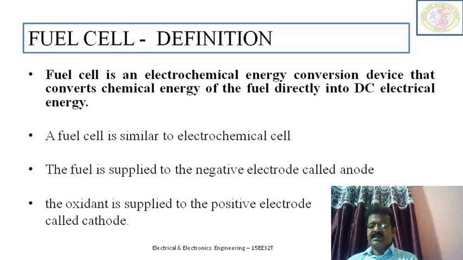A fuel cell is similar to an electrochemical cell, which consists of a cathode, an anode and electrolyte. In these cells, the electrolyte enables the movement of the protons.